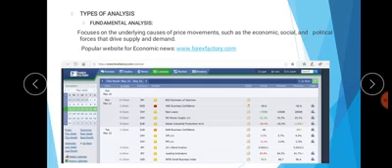You might have an economic news, a social news, or a political news that will force the market to move up or down. So these are the things that drive the demand and the supply in the market.